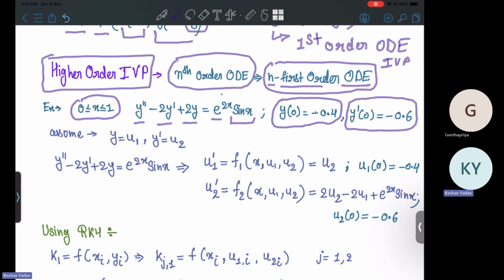This we have. Okay. So what we do, we will assume y equal to u1 and y prime equal to u2. Okay. So just you put here in this equation, so this will be what? This will be u2 prime. This will be what? Plus 2u1.